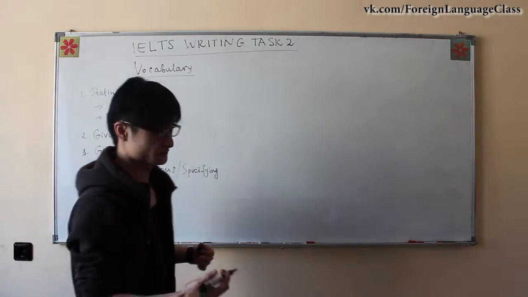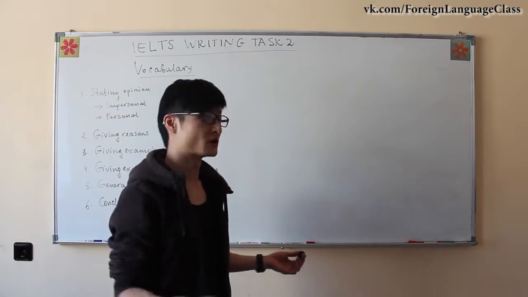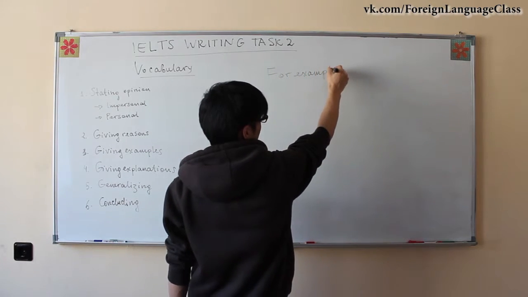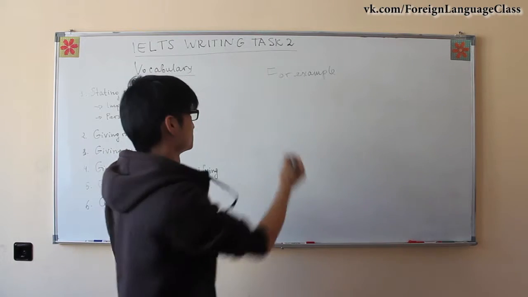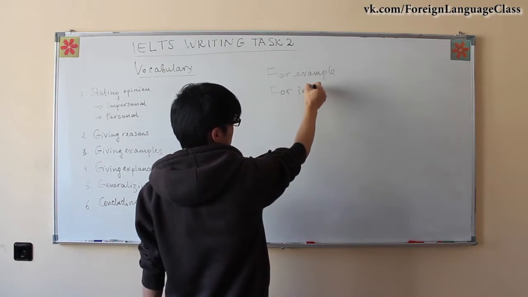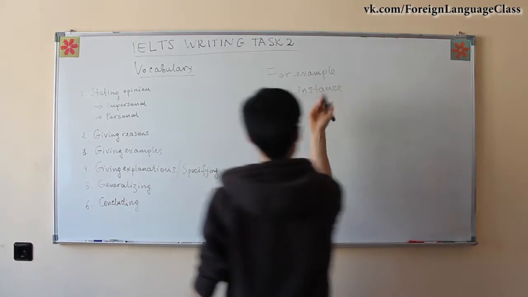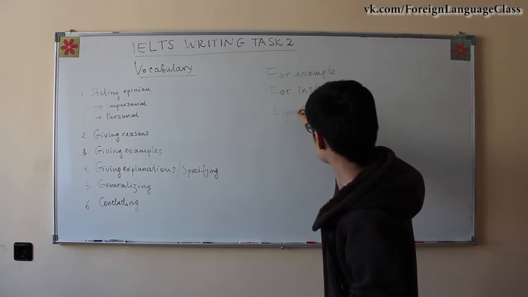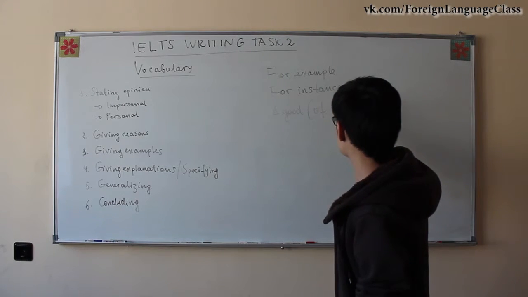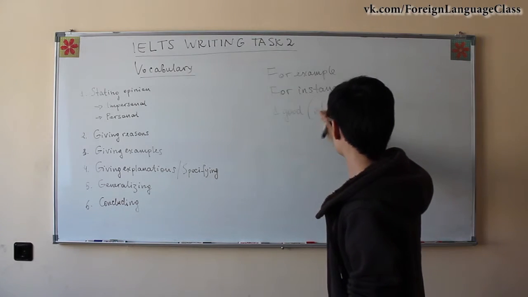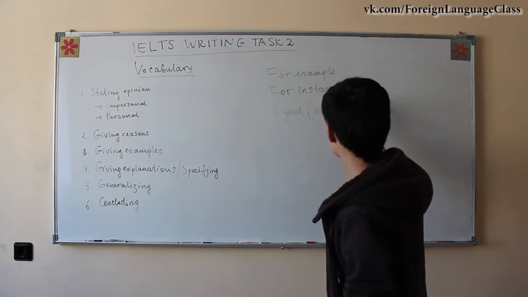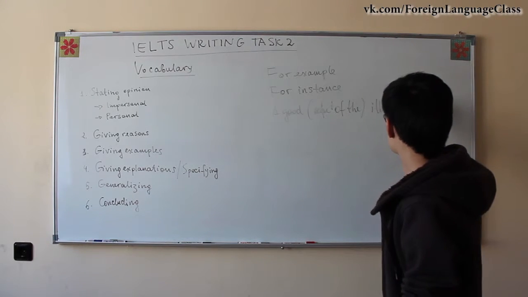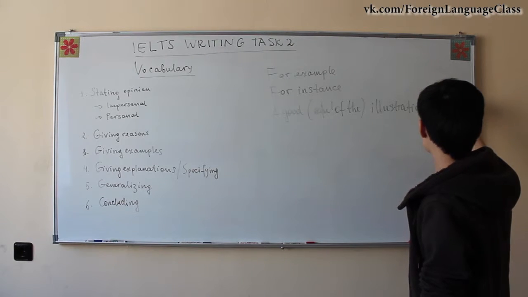To give examples of something, you can use, well, very popular and simple, for example, of course, but you can also use, for instance, or let's say, a good, or one of the illustration of this.